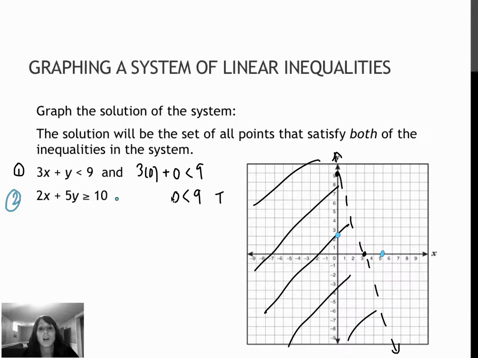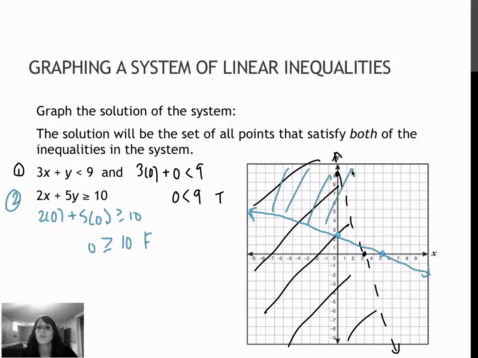This one's going to be a solid line. And if I were only graphing this one, again, I could use a test point of 0, 0 to get 0 is greater than or equal to 10, which is clearly false. So the blue line should not be shaded towards 0, 0. It should be shaded away from 0, 0.